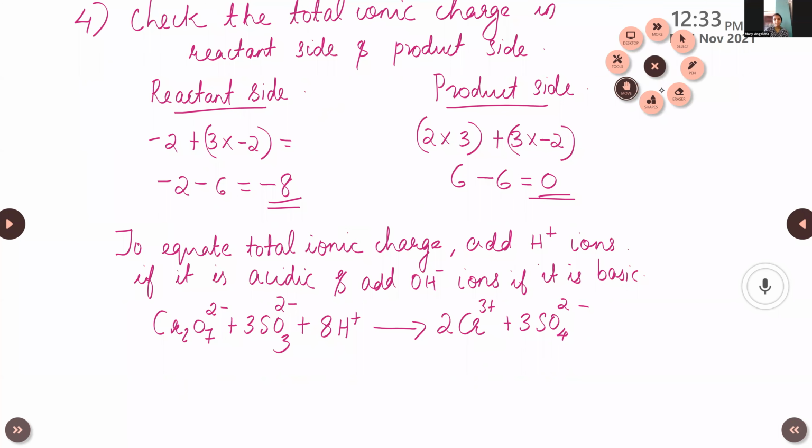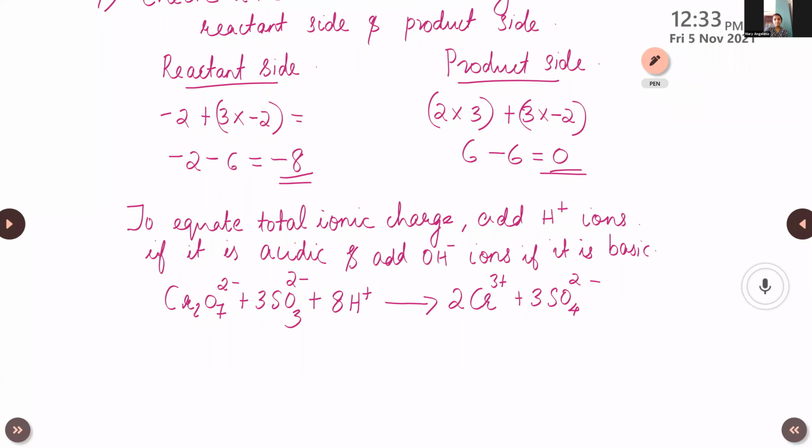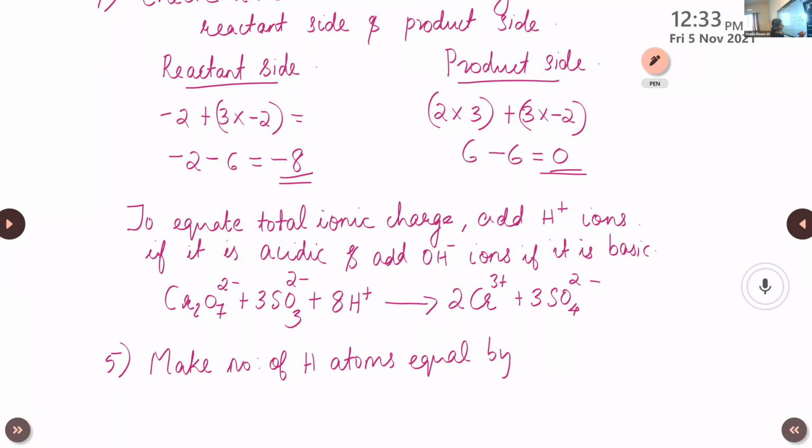Yes, ma'am. So the fifth step: make number of hydrogen atoms equal by adding H2O. That's the last step. Okay.